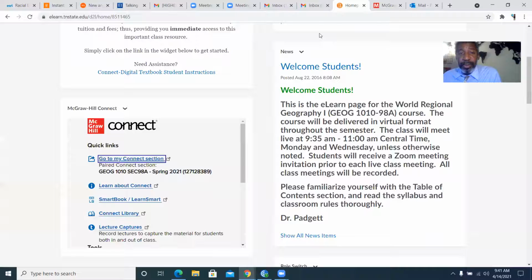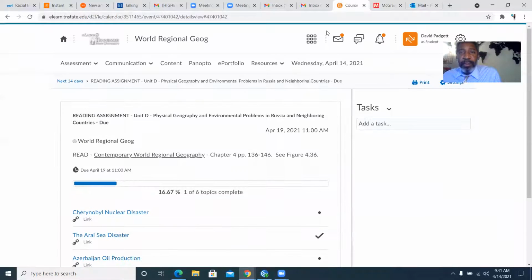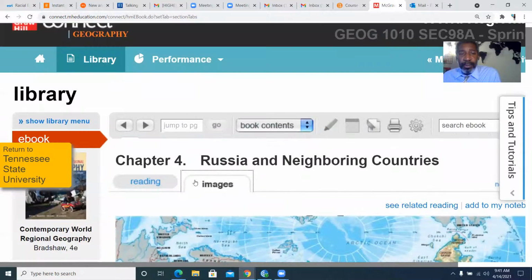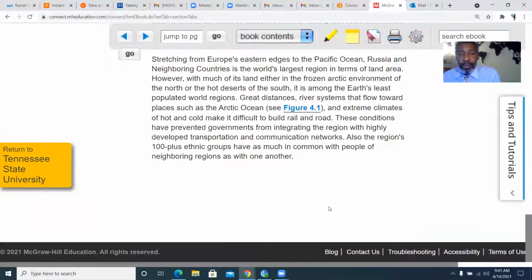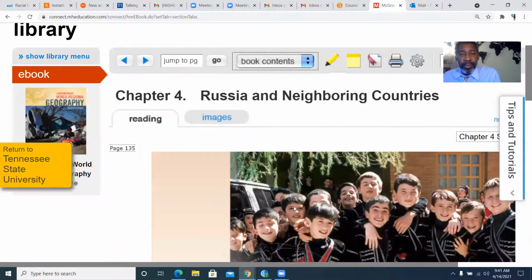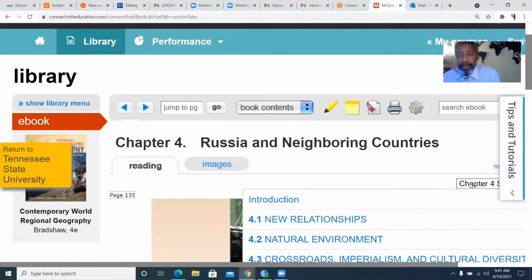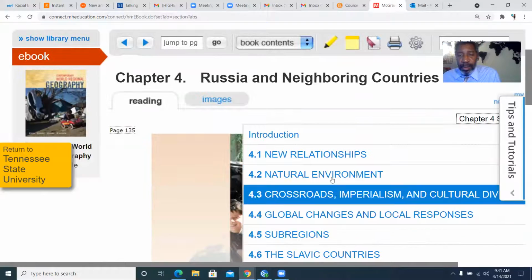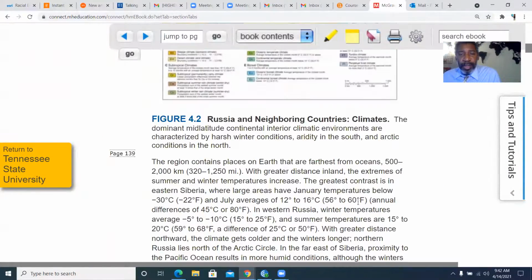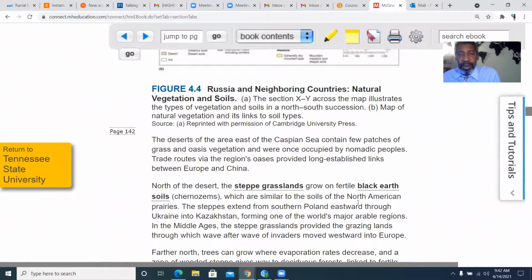But today we're going to look at the environmental problems in the region. If you read through the textbook, you saw that the region has some challenges in terms of environmental problems.